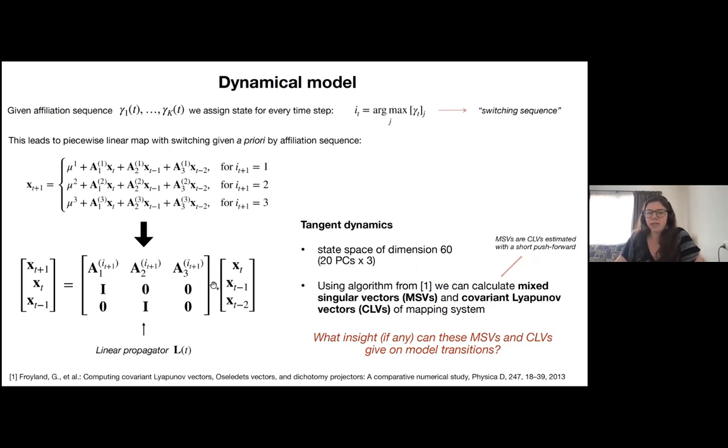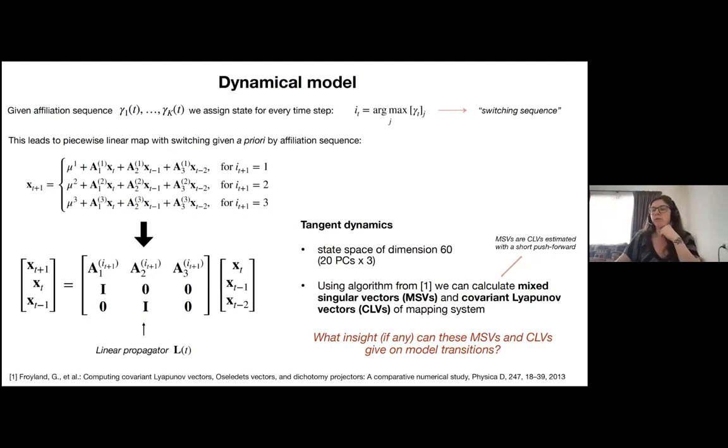Now that we have the linear propagator that changes in time, we can use an algorithm for calculating covariant Lyapunov vectors to get an idea of how those covariant Lyapunov vectors are behaving in time and in each state.